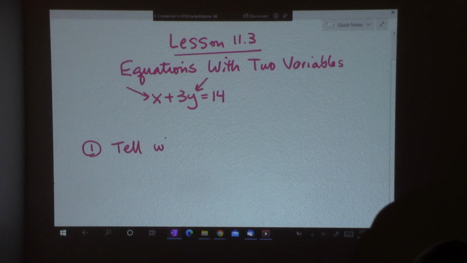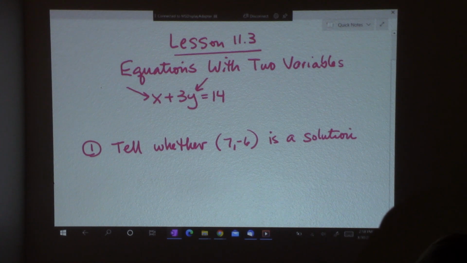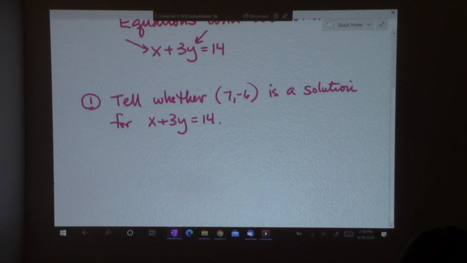Tell whether the point 7, -6 is a solution for our equation we already wrote down, x plus 3y equals 14. Okay? So this is a point, and this is an equation.